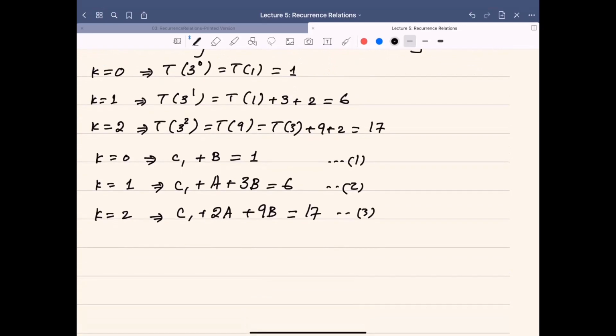By using your calculator, solving for the constants, we have C1 is equal to minus half, A is equal to 2, and B is equal to 3 over 2.